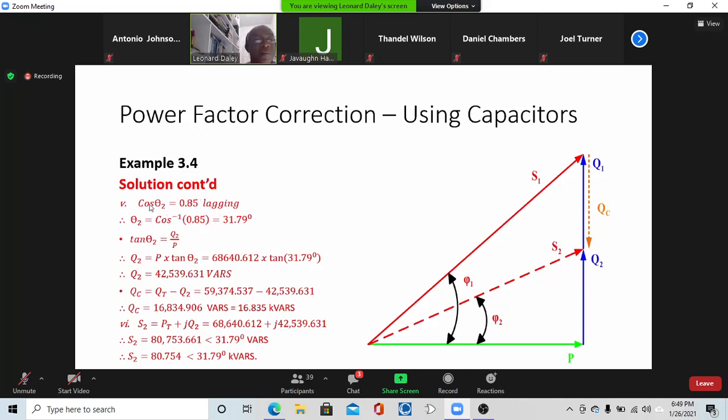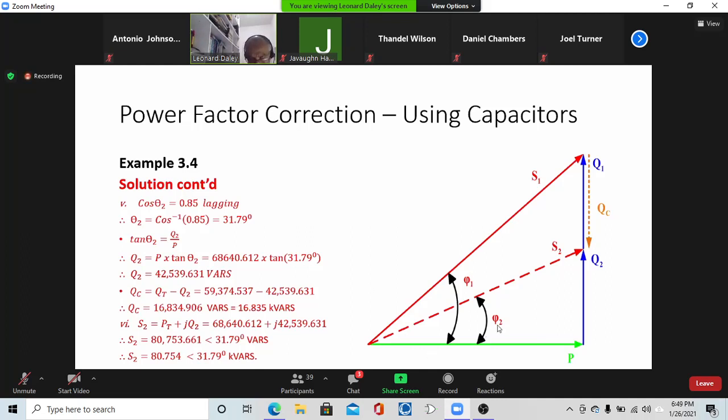So the cos theta 2 will be 0.85 lagging. That's the power factor of the new system after capacitors are added. So theta 2 now works out to be 31.79. So remember, theta 1 was 40.86. Theta 2 now is 31.79.